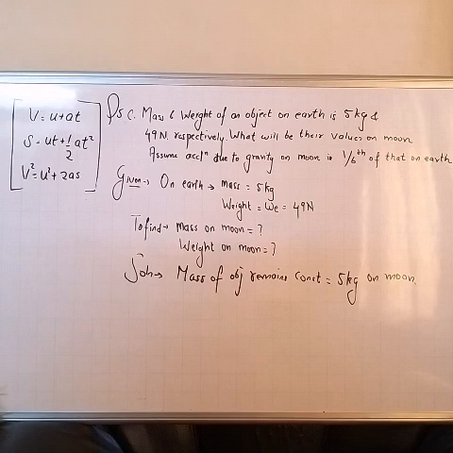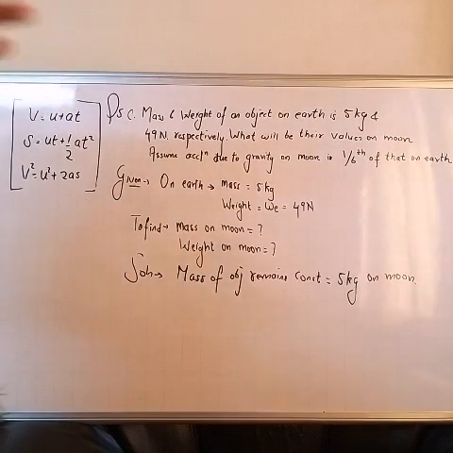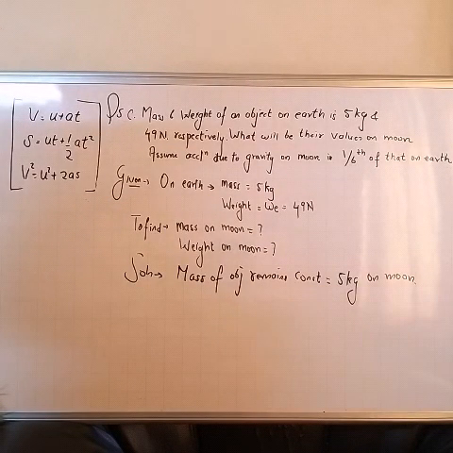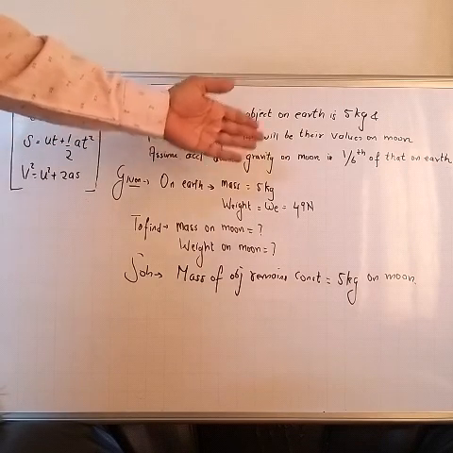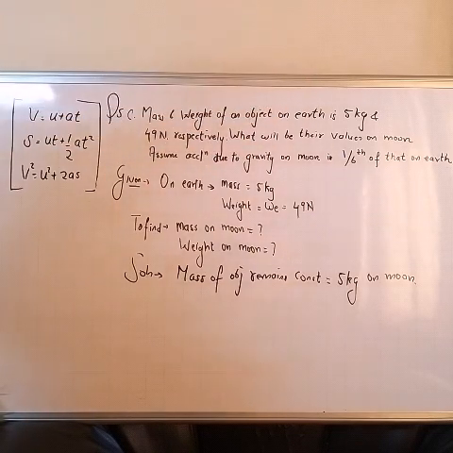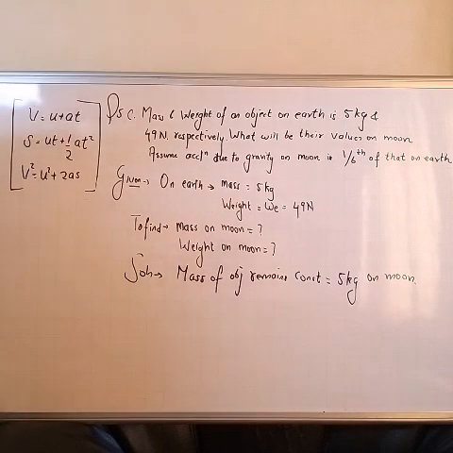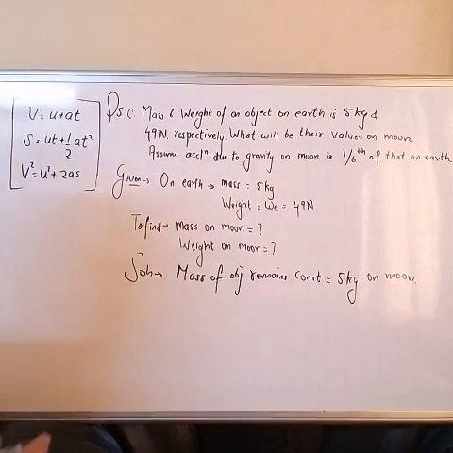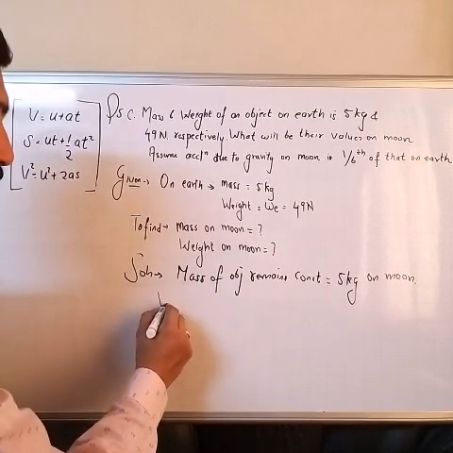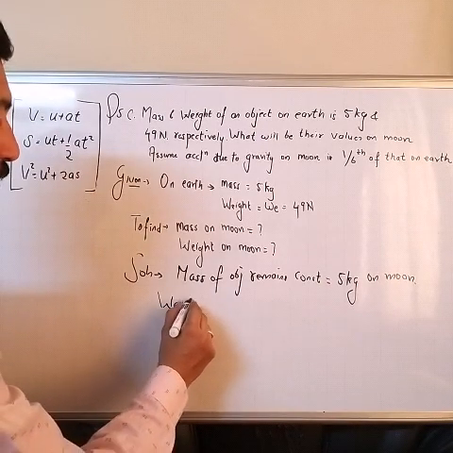Now next is you have to find the weight of the object on moon, but they have mentioned that acceleration due to gravity on moon is 1/6 that on earth. Now let us start with that part. First, weight of object on earth.